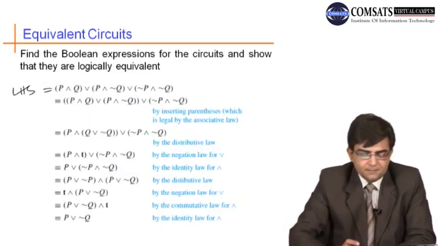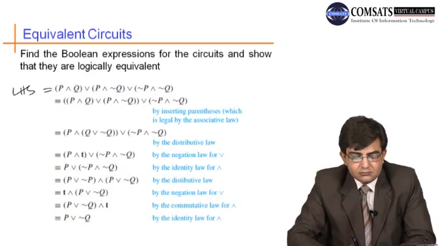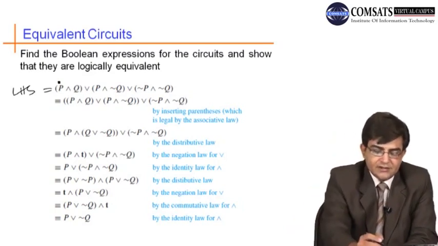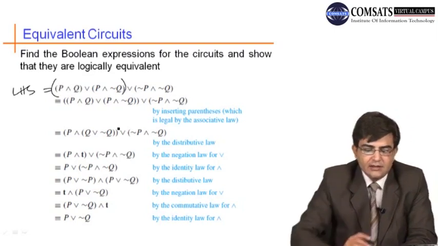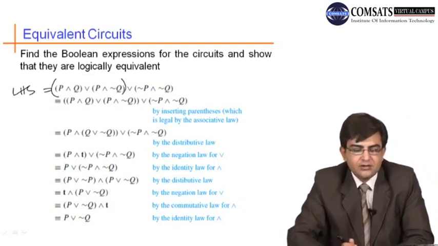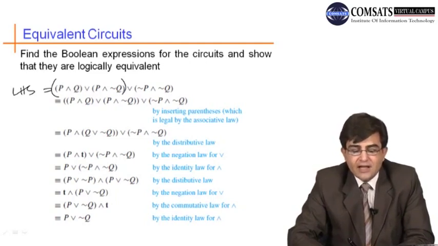So we consider this. Now if we look at this Boolean expression, we can see that here we have P and Q or P and not Q. We can again use the distributive law here, as we have used in the previous example.